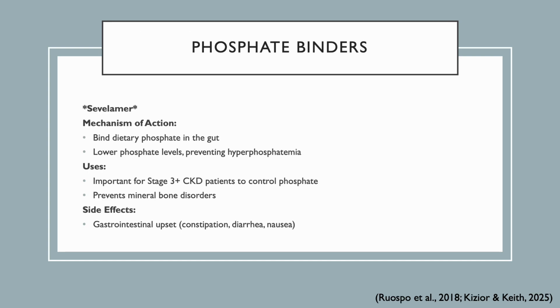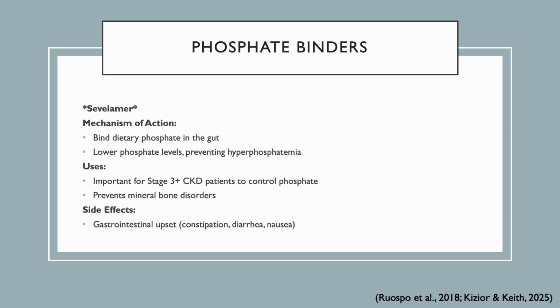Phosphate binders are another medication. Phosphate binders like sevelamer work by binding dietary phosphate in the digestive tract. This prevents phosphate from being absorbed into the bloodstream, helping lower phosphate levels. High phosphate levels in CKD can lead to bone mineral disorders, so these medications are important in preventing complications.